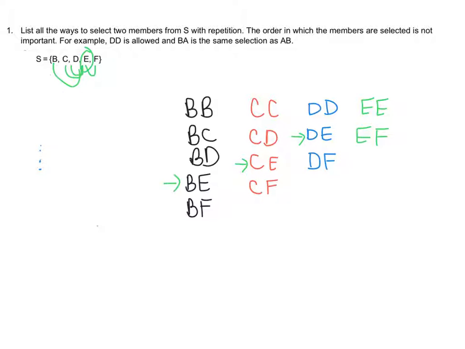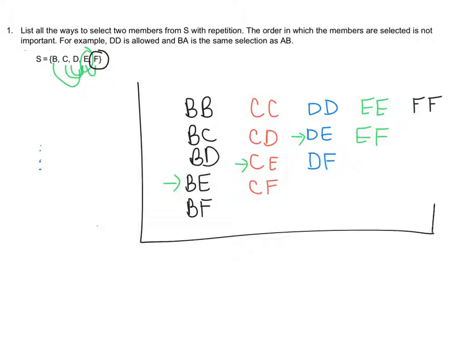Next, we'll move on to member F, which is the last member in our set. F can be paired with itself, so we'll include FF. And we will not include FE, FD, FC, or FB because those choices have already been written down in our set.